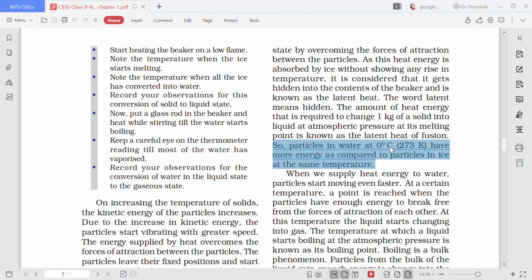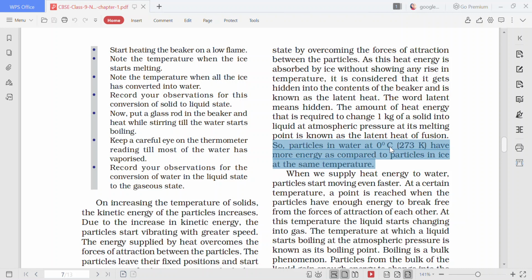So whose temperature is higher? Because the thermometer reading is the same. The thermometer is telling that both the bottles have the same temperature, that is 0 degree centigrade, but still there is some difference in the temperature. That is because one is in the solid state and the other one is in the liquid state.